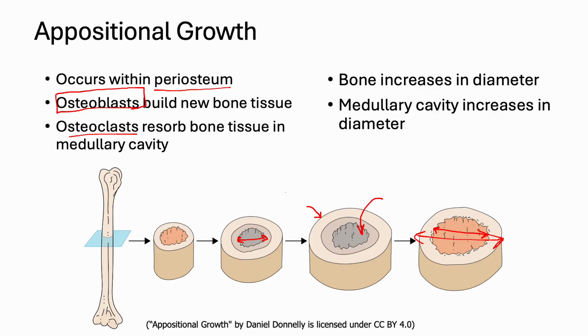It's important because when we compare this to bone rebuilding or remodeling, we want to make sure that we identify this is occurring in two different locations. Our bone building is on the outside and the resorption is on the inside in appositional growth.